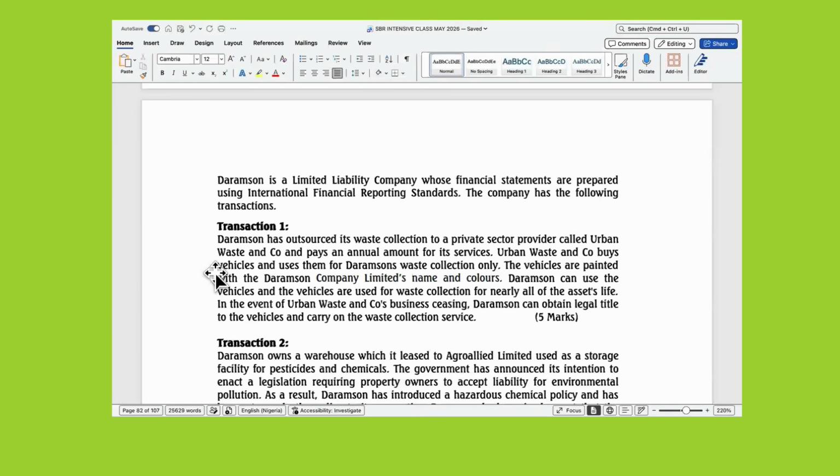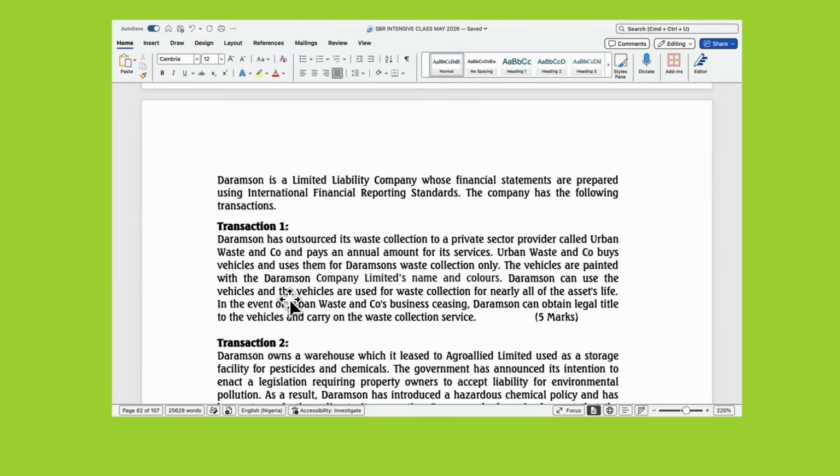It says the Ramsey is a limited company whose financial statements are prepared using IFRS. The company has the following transactions. Transaction 1 says the Ramsey has outsourced its waste collection to a private sector provider called Urban Waste and Co. and pays an annual amount for its services. Urban Waste and Co. buys vehicles and uses them for the Ramsey waste collection only.